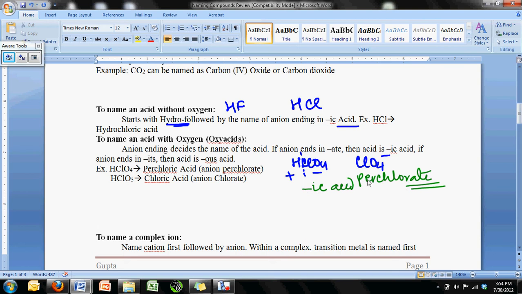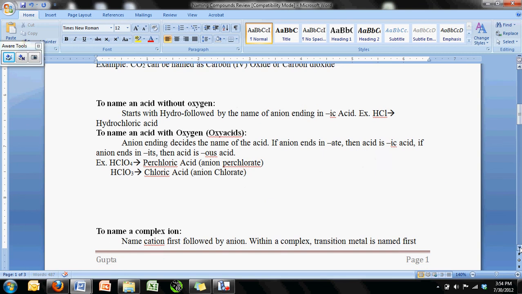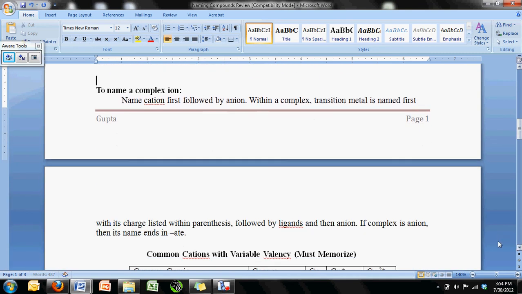So if the anion is perchlorate, the acid's name is perchloric acid. Please note that we don't use hydro with oxyacids. Now, naming complexes. The way to name complexes is you name the cation first, followed by the anion, and within a complex you name the transition metal and you specify its charge within parentheses.